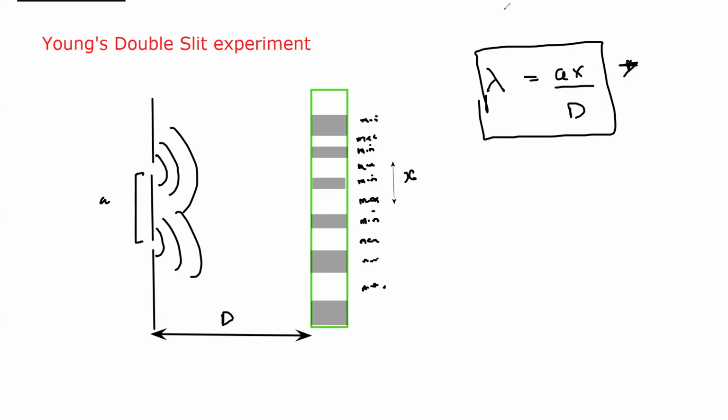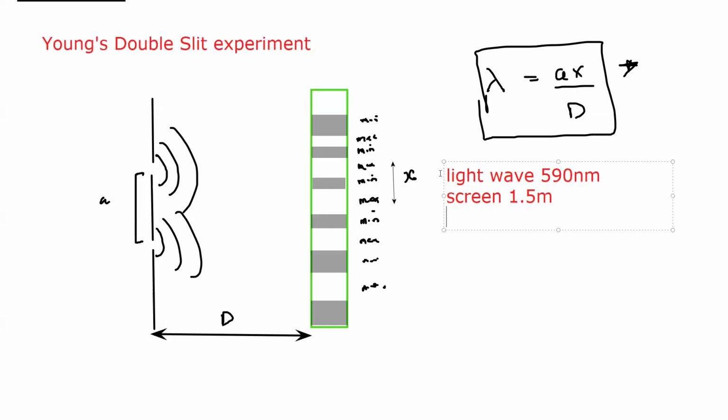Say he observed a light which had a wavelength of 590 nanometers. Okay. And the interference pattern is observed on the screen, which is 1.5 meter away from the slits.